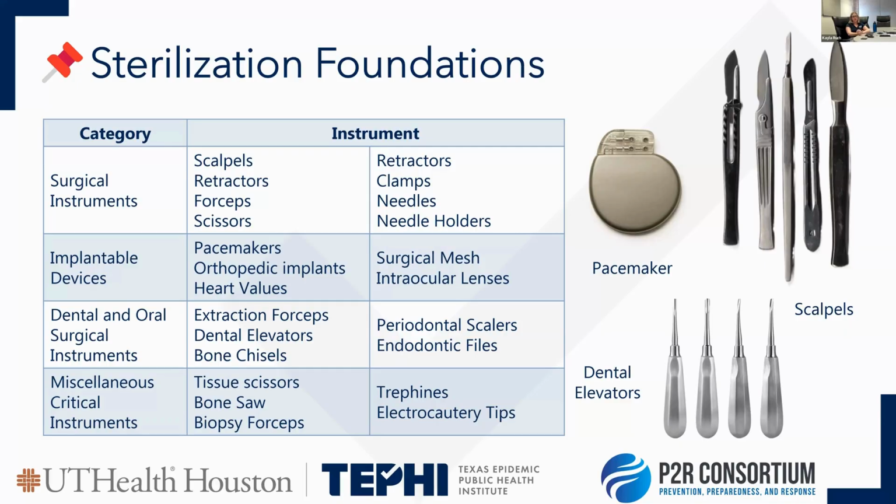If you're a long-term care or skilled nursing home and you need sterilized equipment, such as anything with scissors or forceps or a scalpel, and you're getting that from a third party, we'll talk more about that later in the lecture as well. You are still responsible to make sure that they have been sterilized appropriately, are within compliance, and are safe to be using on that patient.